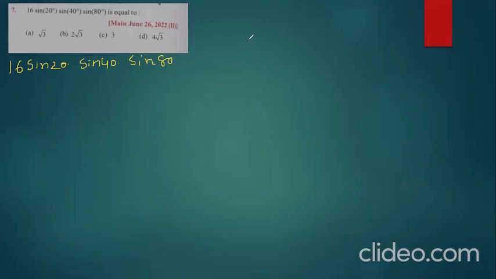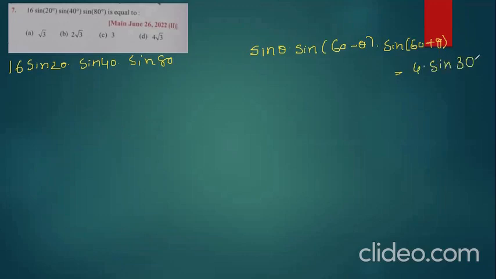One important pattern: sin θ into sin 60 minus θ into sin 60 plus θ, which is equal to 1 by 4 into sin 3θ, right?